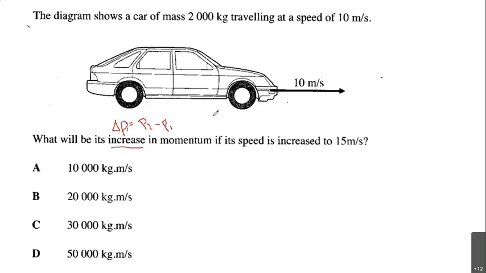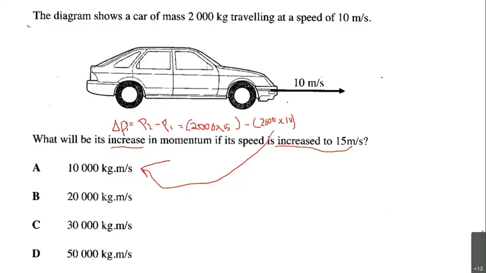So we would get 2000 times 15. That's my second momentum. Subtract 2000 times 10. And when I work that out, I'm going to get 10,000.